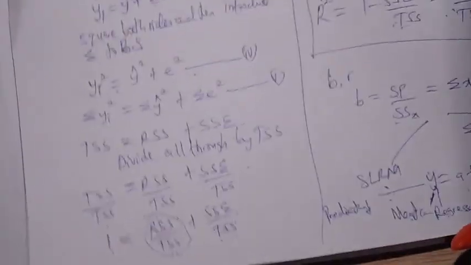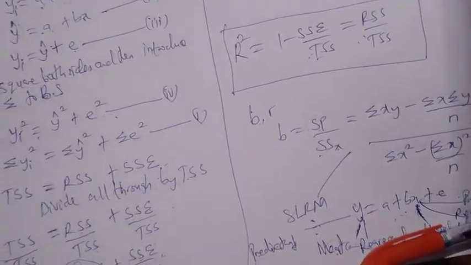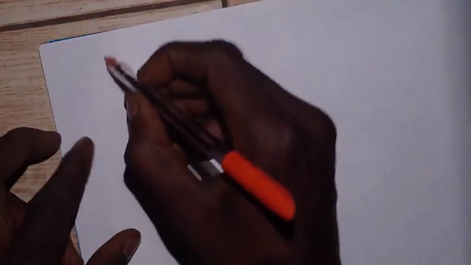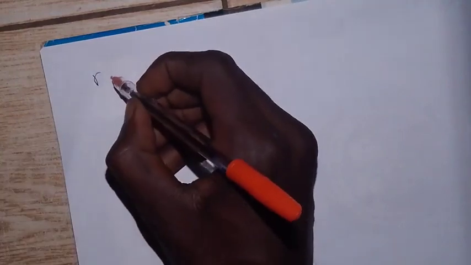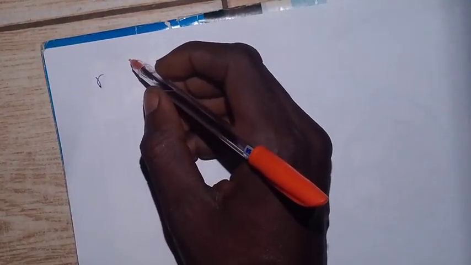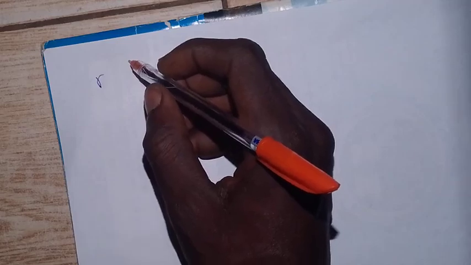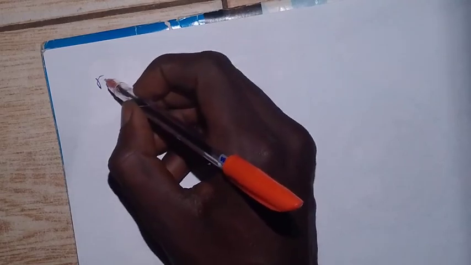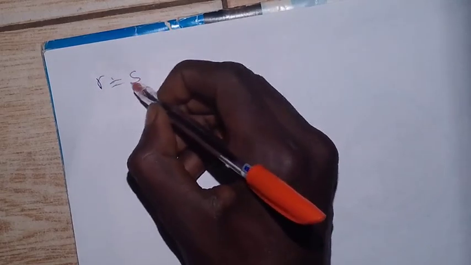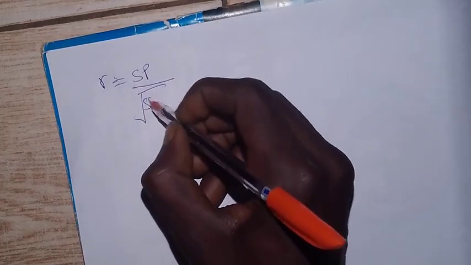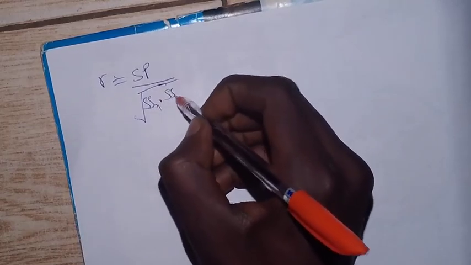And then we also have another formula for R. R is equal to SP over the square root of SSX times SSY.